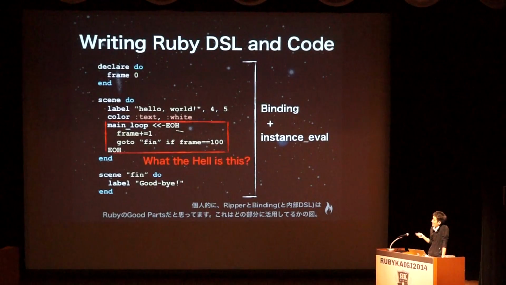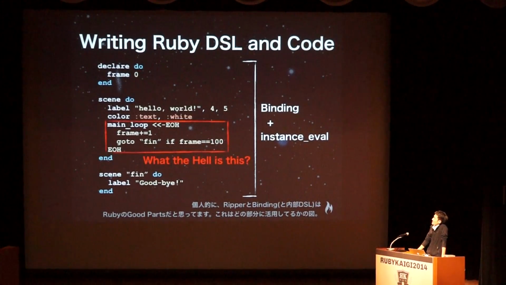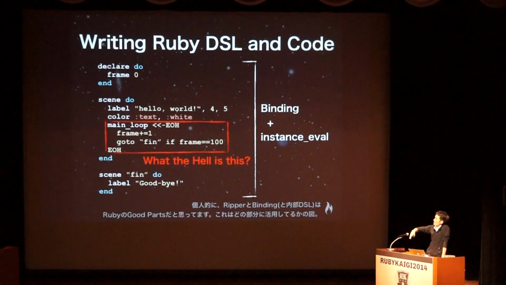And some strange string is set here. You can see that it says main loop, so you can easily imagine that this main loop part will be converted to a while loop. Please imagine that. And in the while loop, these two lines of code will be inserted. What is ugly about this is that originally I wanted to use the block syntax here. So main_loop do and frame and so on would be really nice Ruby syntax.